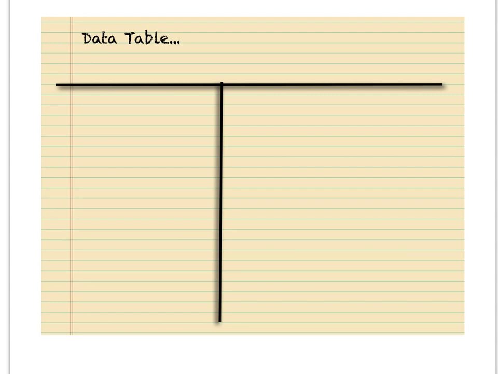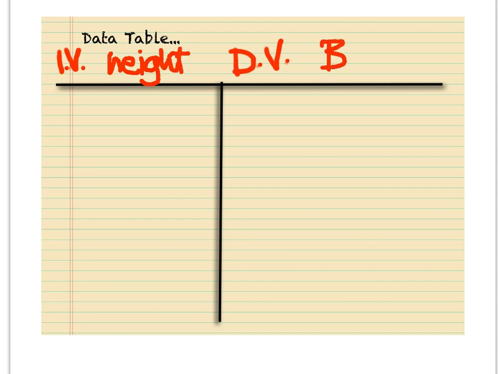When we set up a data table, it's going to be this vertical table, and we're always going to put the independent variable on one side and the dependent variable on the other side, and therefore we need to figure out what those are. Our independent variable would be the height. That means our dependent variable would be the batting average.